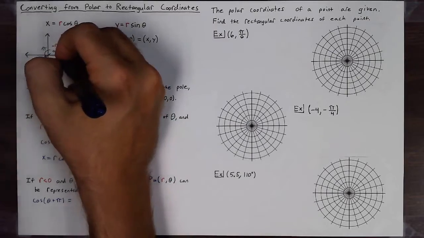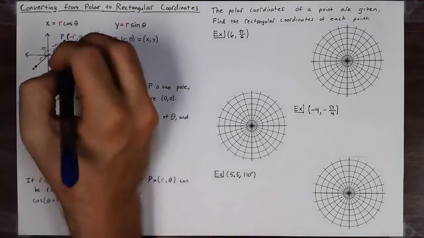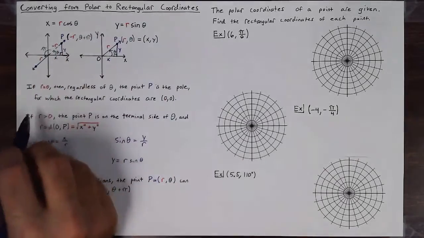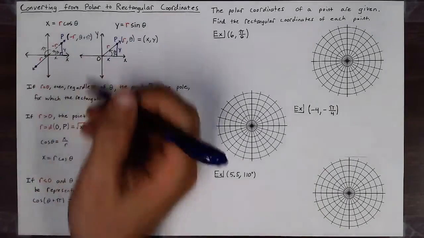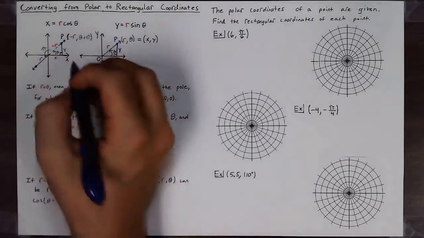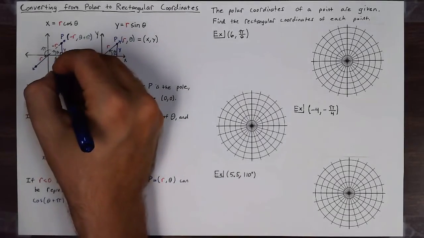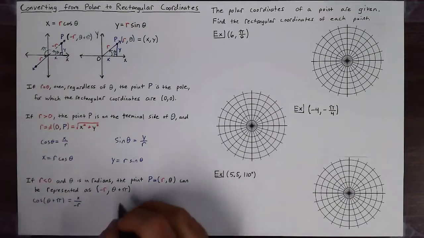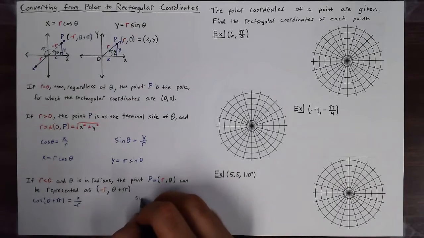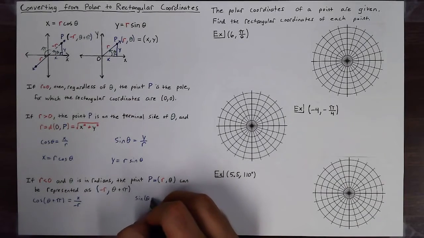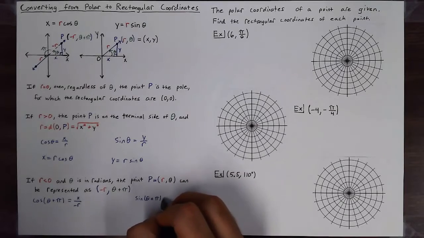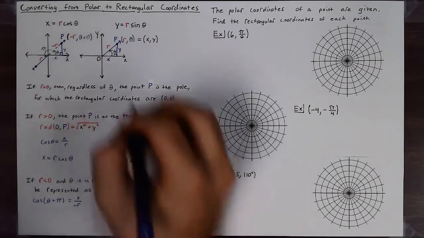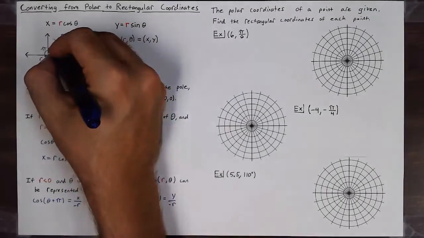I can use that reference angle, but it'll be that angle theta plus pi, which is equal to x over negative r. And sine of theta plus pi is equal to y over negative r, opposite over hypotenuse.